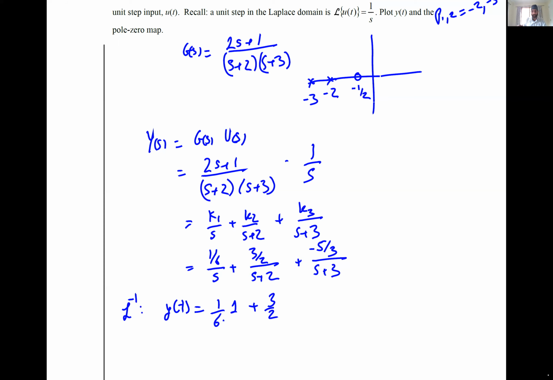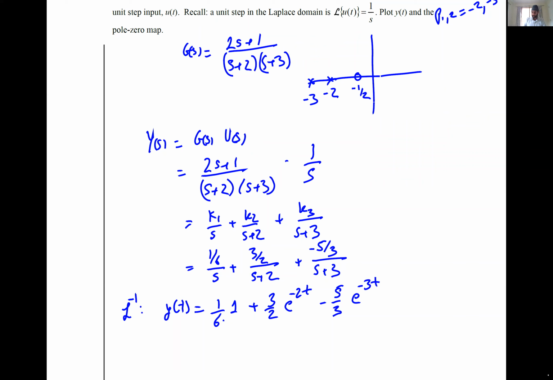This can be found by looking at the inverse Laplace transform of 1 over s plus a, which is the exponential function, e to the power minus 2t. And the third term similarly will be minus 5 over 3 times e to the power minus 3t.